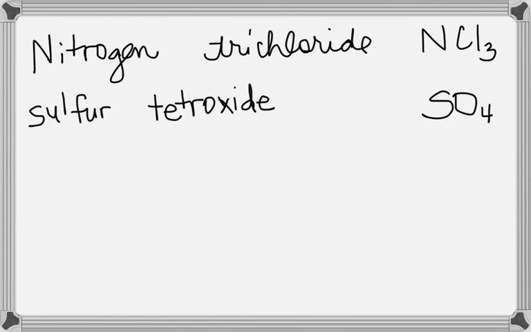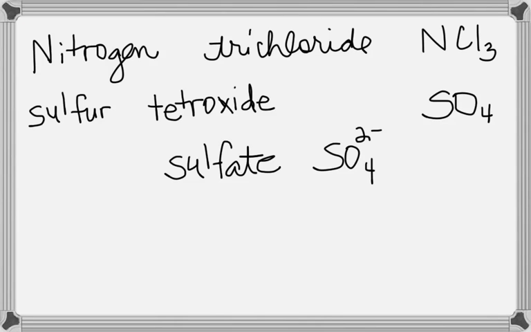You don't need your polyatomic ion sheet at all on these. Did they ever write it like that? Isn't that one? No, because sulfate, sulfur tetroxide is just SO4. Sulfate is actually SO4 with a -2 charge, and they are different. The other one doesn't have a charge. Right, sulfur tetroxide, SO4 does not have a charge on it.